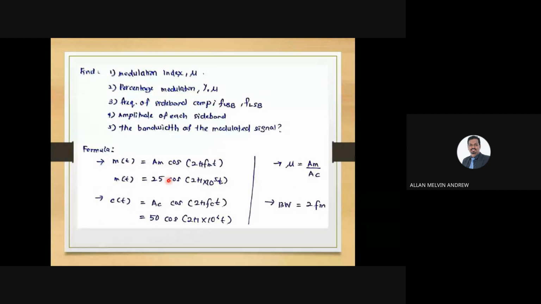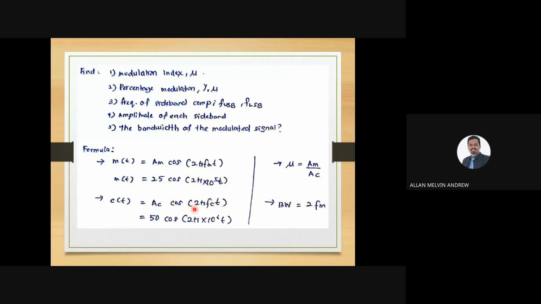So what is the value of FM? FM is 10 to the power of 5, a direct comparison. CT is the carrier signal, so the formula is AC cos 2 pi FC t, where FC is the carrier frequency.